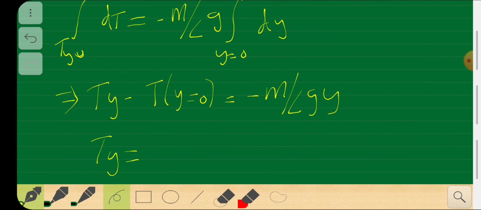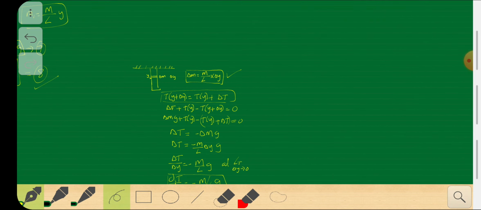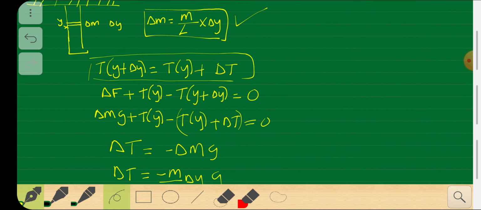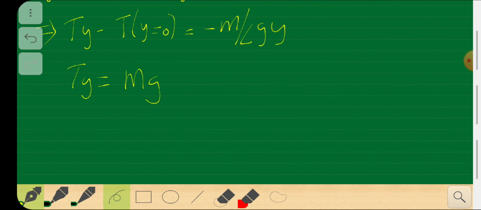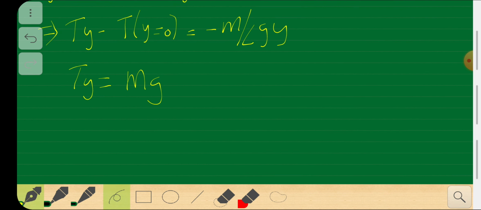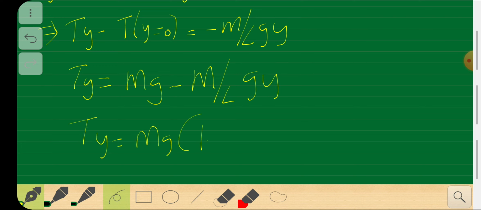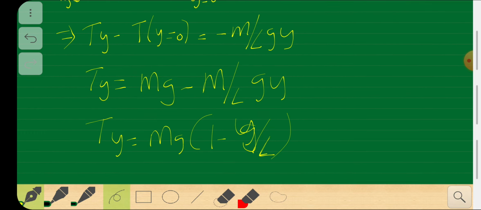Now we can find out T(y). T at y equal to 0 is mg. So you can write down T of y must be equal to mg minus m by L g y. So T(y) must be equal to mg times 1 minus y by L. That is the same as equation 7.